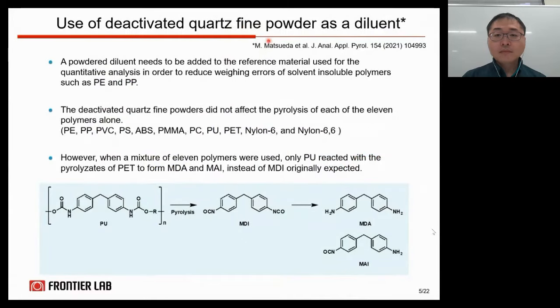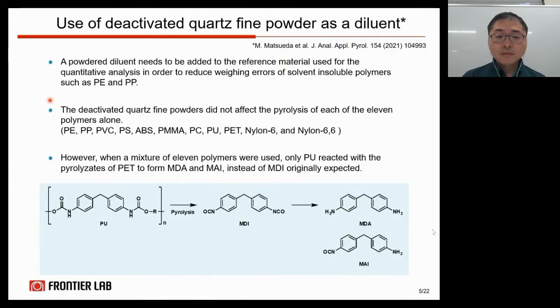In the previous study, we reported that in the development of reference polymer samples, the analysis reproducibility can be improved by dissolving solvent-soluble polymers in the solvent. Also, to reduce the weighing error of solvent-insoluble polyethylene and polypropylene, it is necessary to add and mix a powder diluent to PE and PP samples.